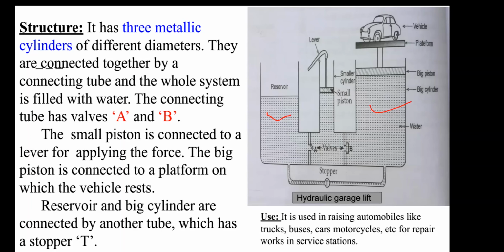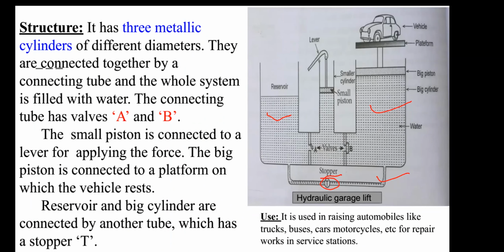You can see that just below the connective tube in the figure, this tube has a stopper on it. Stopper means it can be closed or opened for letting the water pass from one part to another part.